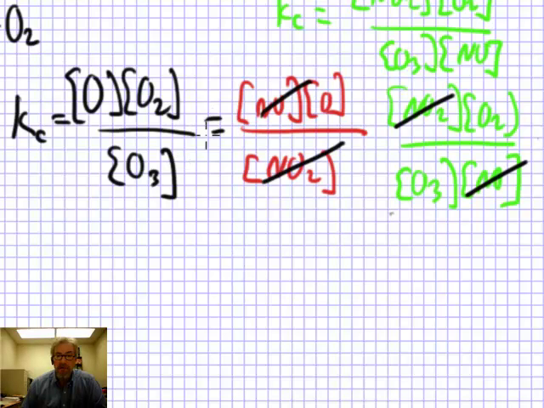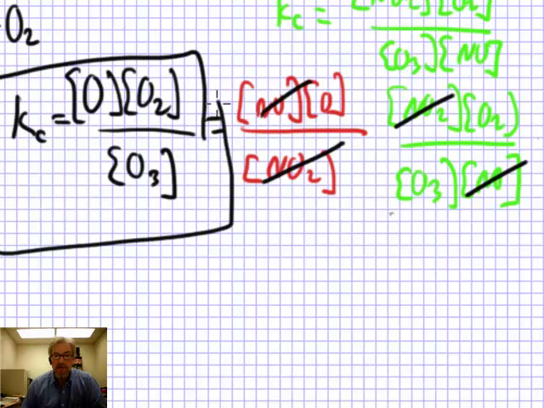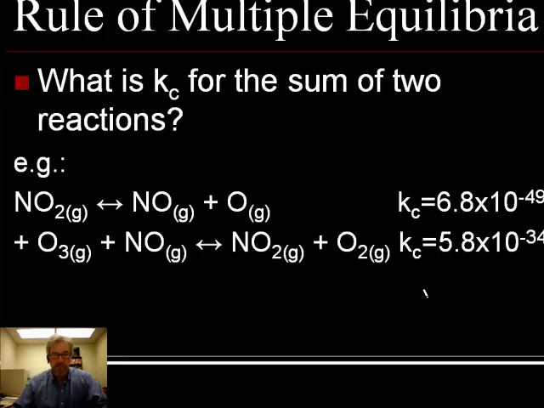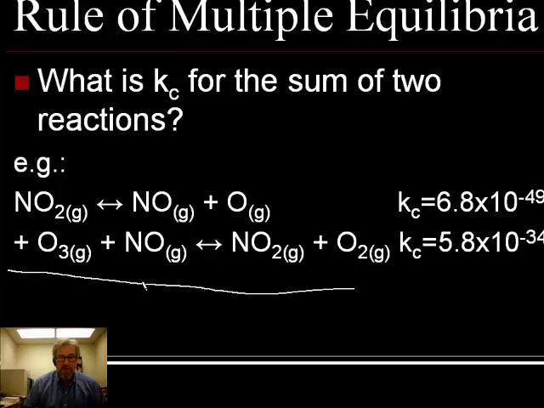So I can get the Kc for the overall reaction by multiplying together the Ks for the individual reactions. So for this reaction, remember this summed up to O3 gas decomposing reversibly into O gas plus O2 gas.